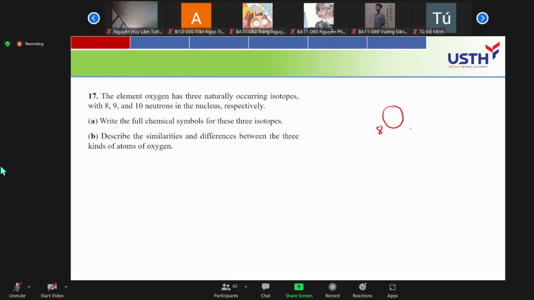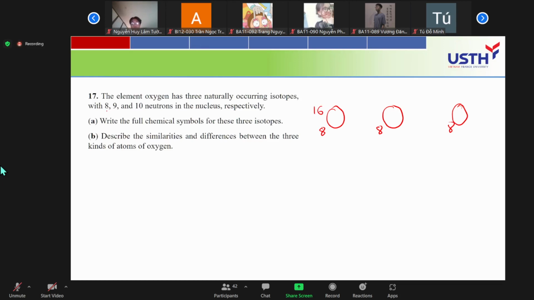Now you have 3 isotopes, so let's write another oxygen 8, and another oxygen 8. The total number of neutrons and protons gives you the mass number. So for the very first one, if you have an isotope with 8 neutrons and 8 protons, the mass number will be 16.